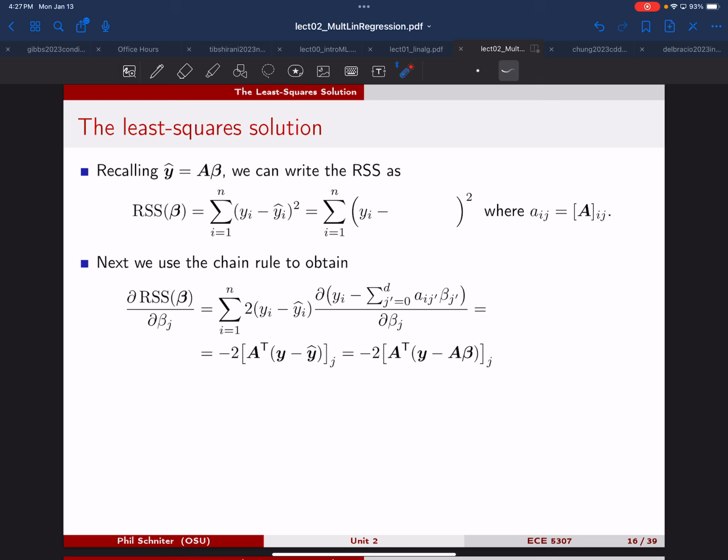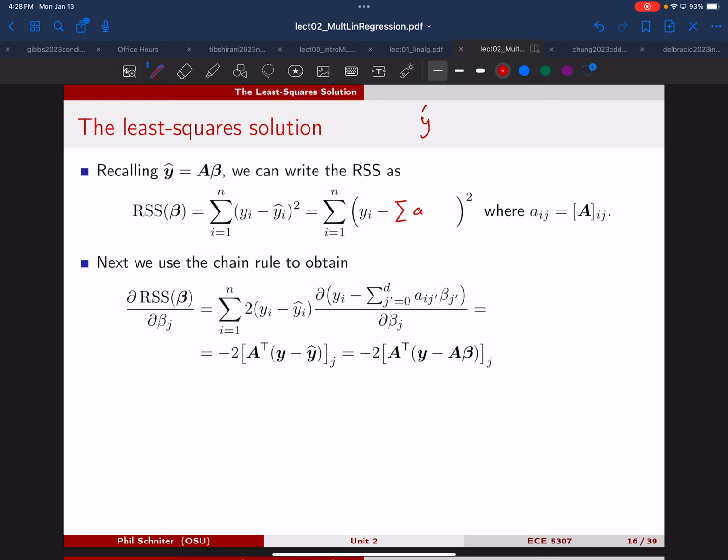And let's write this in terms of the beta j numbers, because as you can see on the left, we have the entire vector of beta. And unless you know how to do vector calculus, which is something that probably most of you don't, we want to write this back in terms of scalar beta so that we can do the familiar calculus.